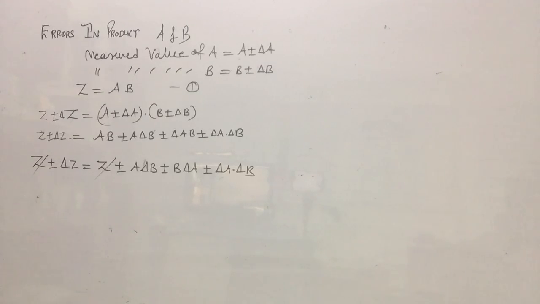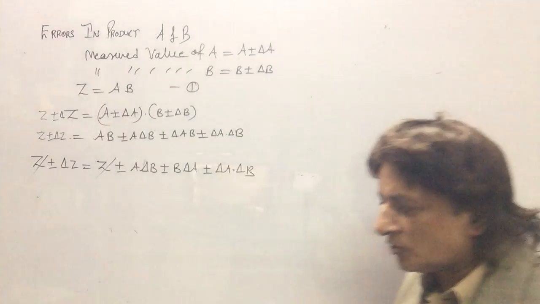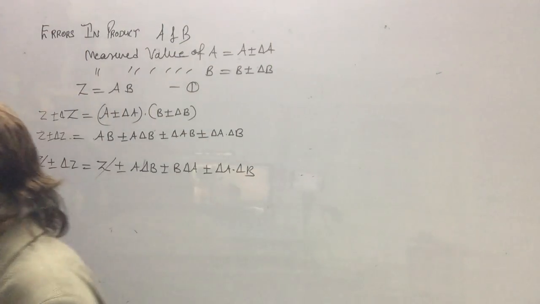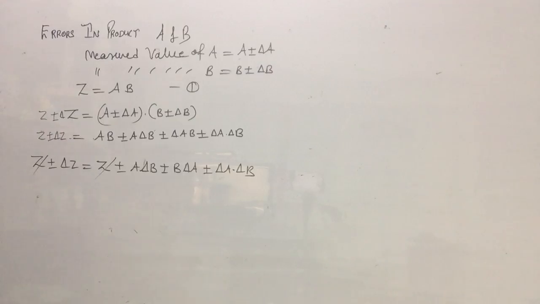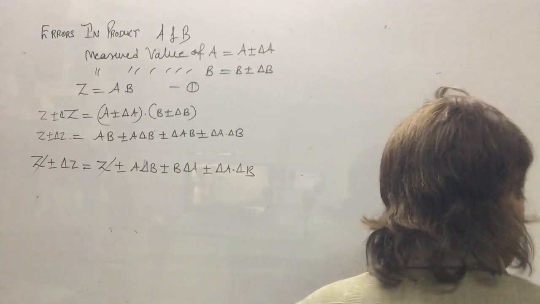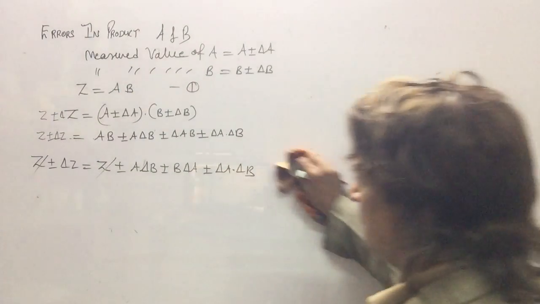Or you can do one thing more important. Let me tell you. Instead of doing this, we can do one thing more better. Wait a minute. Let me rectify. It will be more easy.